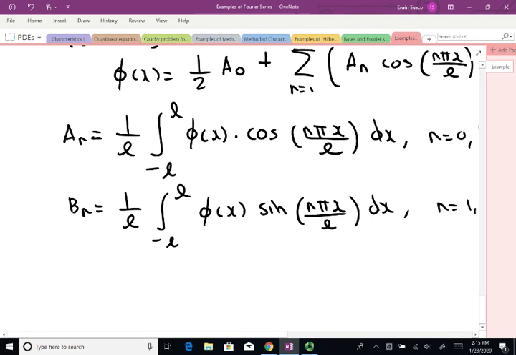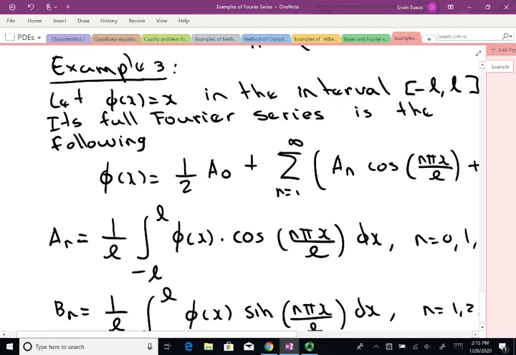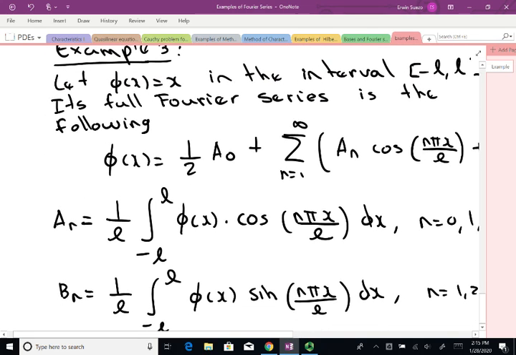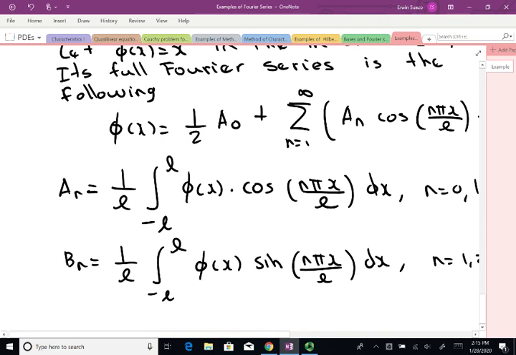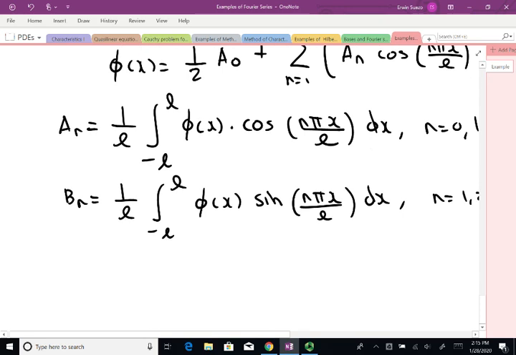So yeah, a lot of integration. Let's start with the easy one. So we need to start by finding a0. a0 is 1 over L integral of phi of x, which is x, times, when n equals 0, just 1, dx.